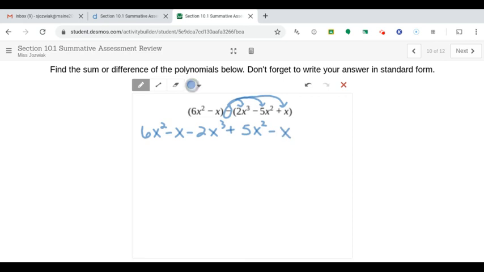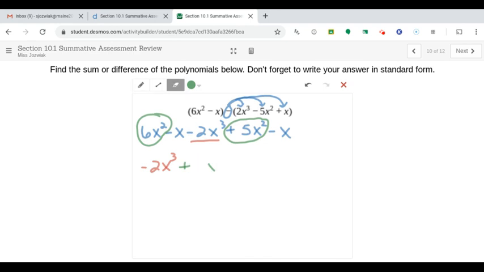And now all we have to do is combine like terms. So if we look, this is the only one that has an x cubed. So negative 2x cubed is going to come first. And then we've got 6x squared and 5x squared. So if we combine those, we get plus 11x squared.